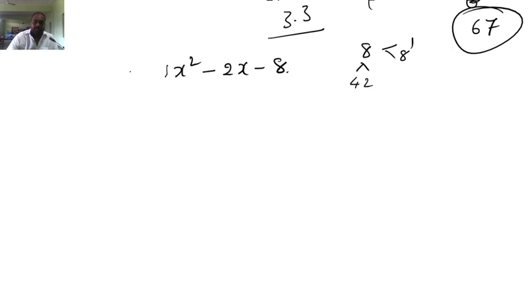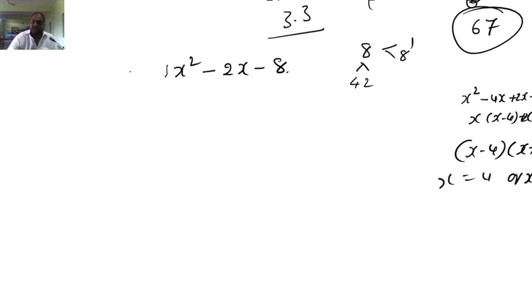So, only for understanding purpose, x square minus 4x plus 2x minus 8. X in common: x minus 4. Plus 2 common: x minus 4. Again x minus 4 common, remaining x plus 2. X is equal to 4 or x is equal to minus 2. That means the zeros are alpha is equal to 4 and beta is equal to minus 2. Sum 4 minus 2 is 2.